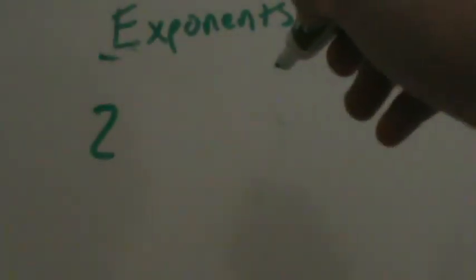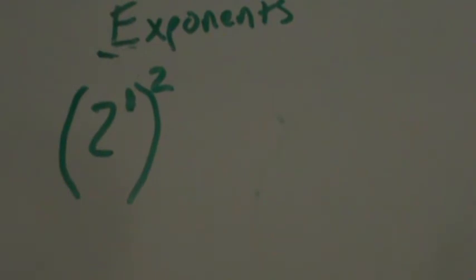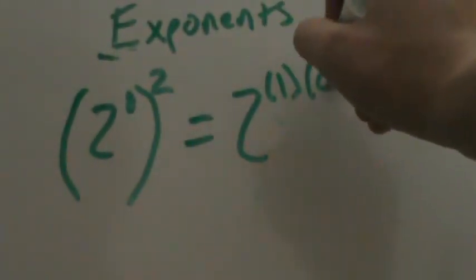Let's say you had something like 2 to the first, and let's say we raise this to the second power. Well, what would you do in this situation? Well, all you do is this is equivalent to 2 to the 1 times 2.